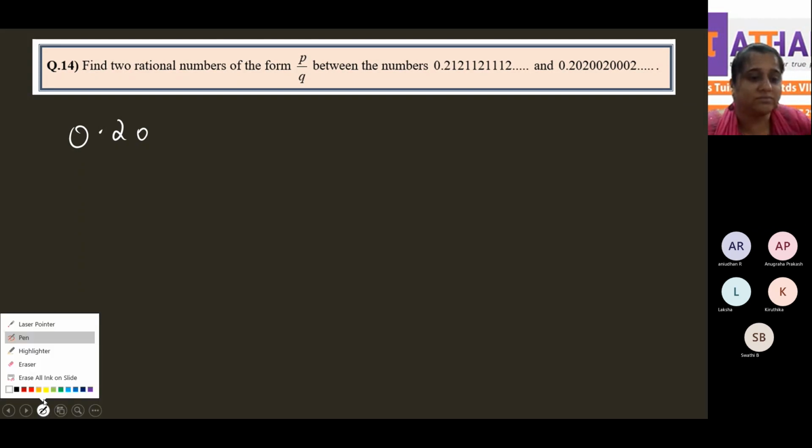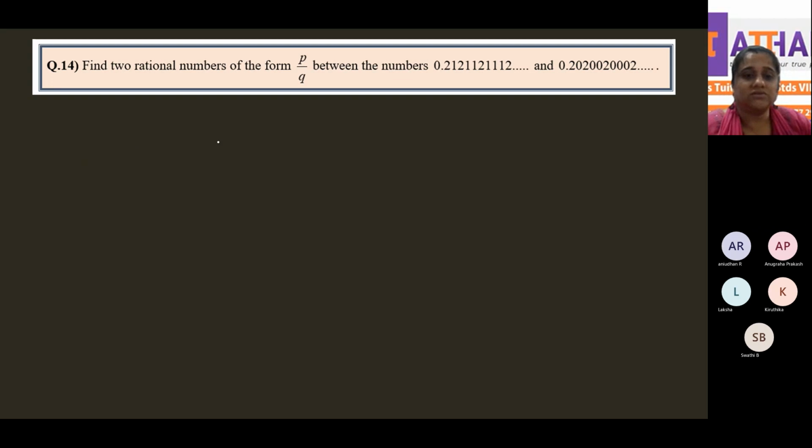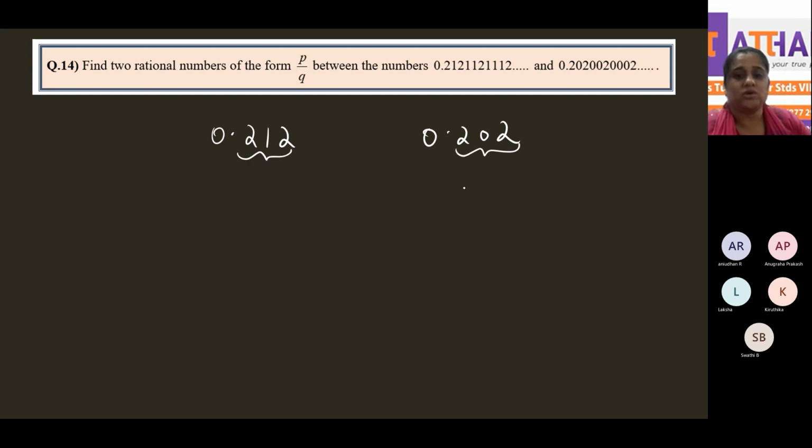No, see, 1 minute. I'll tell you something. 0.212. 0.202. If you take the first three digits, no? 212 and 202. You're writing 201. It's not in the range. After 202 is 203, 204, 205. Yeah, try another number.